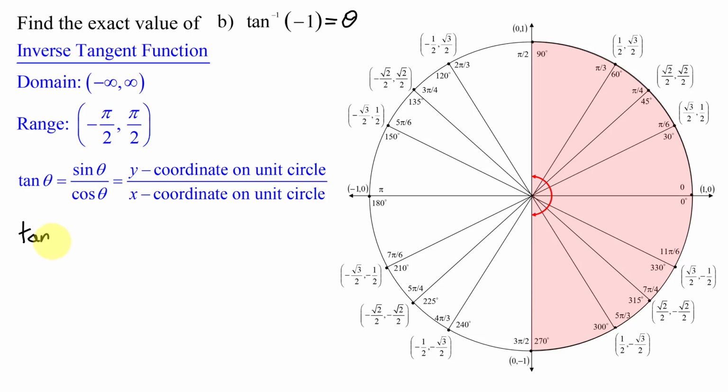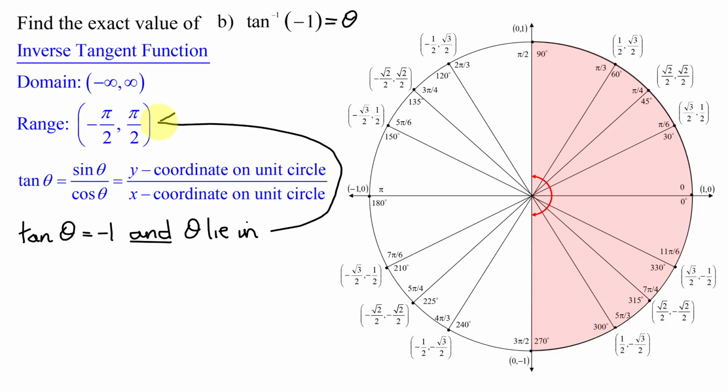That means that the tangent of theta equals -1, and don't forget the restrictions, theta must lie in the interval -π/2 to π/2. So theta has to either lie again in quadrant 1 or quadrant 4.